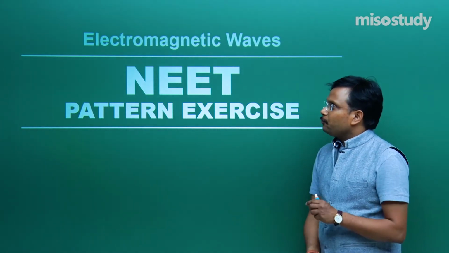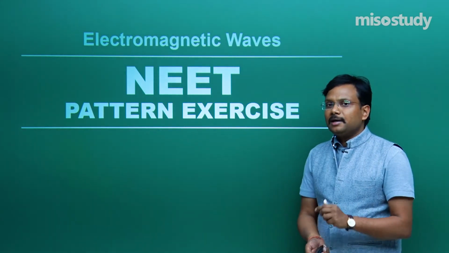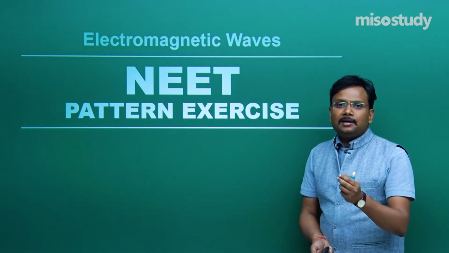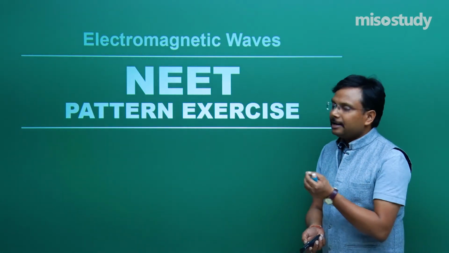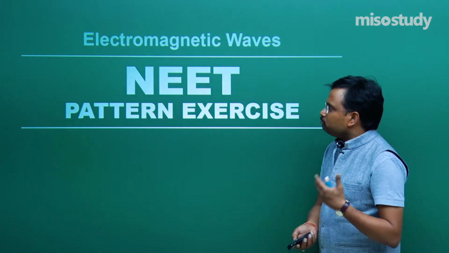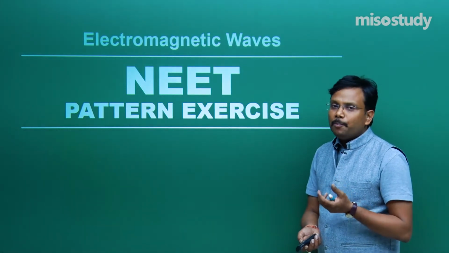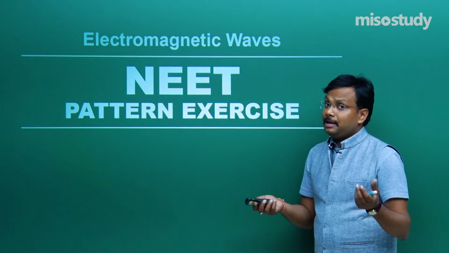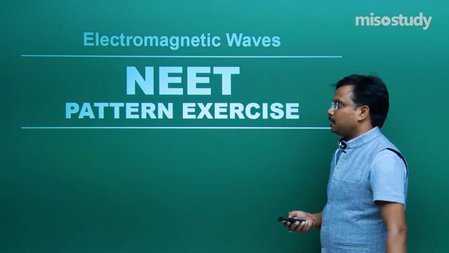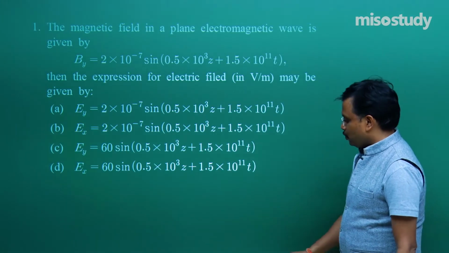Let's start this discussion with this approach. One important thing in this chapter is that there are certain calculations that are slightly long. So just try to learn them with some practice, and I hope you will find yourself in a very comfortable position. Here is your first question.